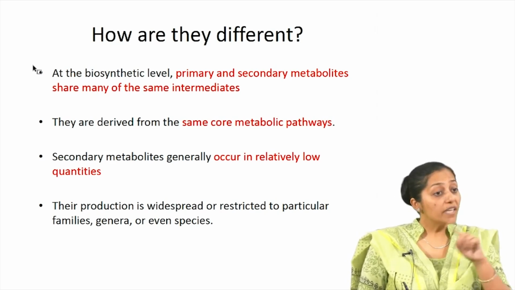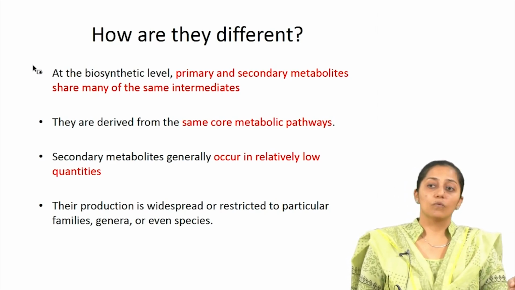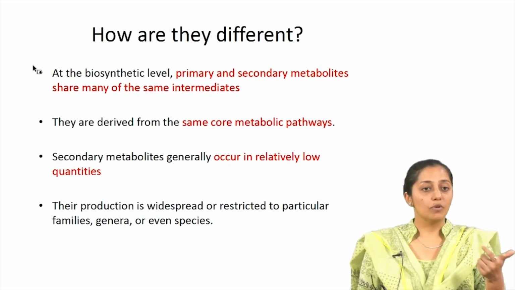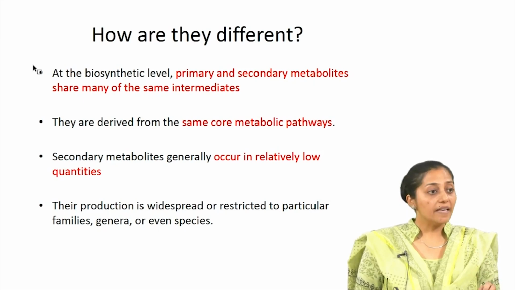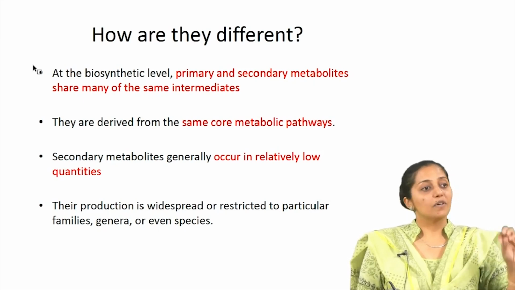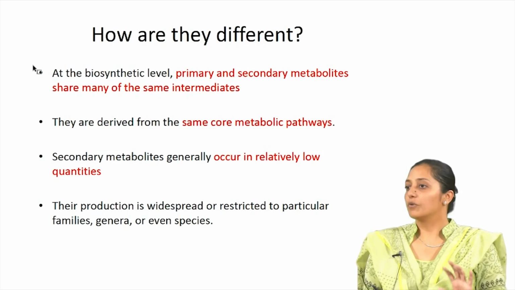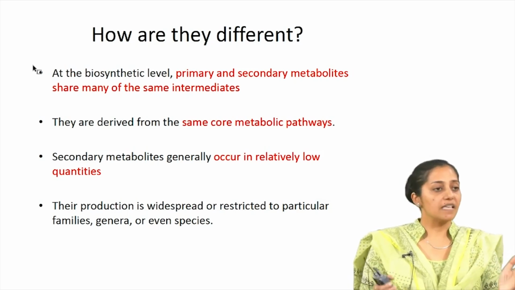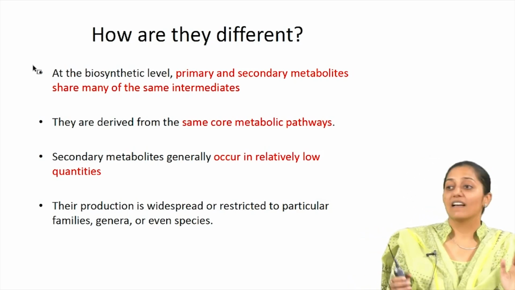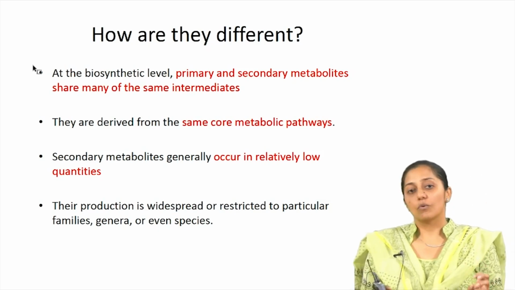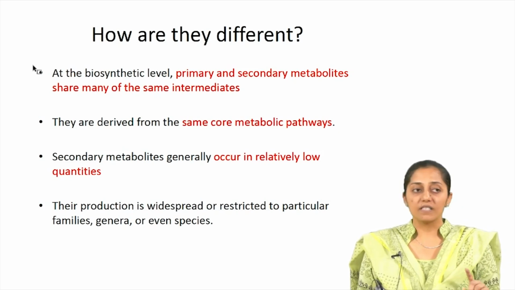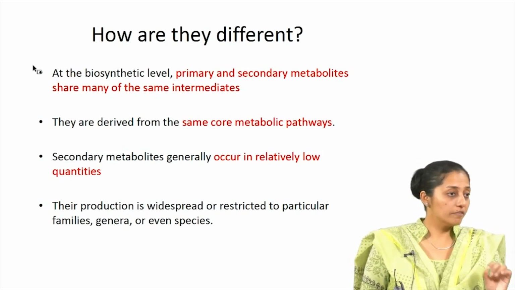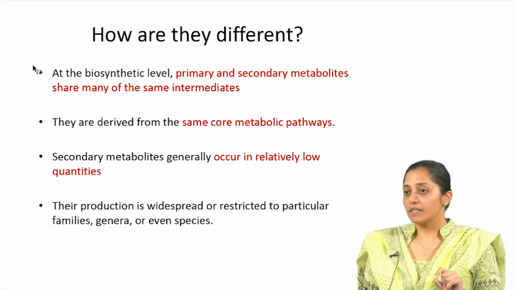One is only when it is needed, the cell would spend its carbon pool and energy in this biosynthesis, and only up to a desired level. Every time the cell would like to conserve its carbon and energy pool. So, you will generally observe that secondary metabolites are low volume, which means they are present in very low quantities in the plants.